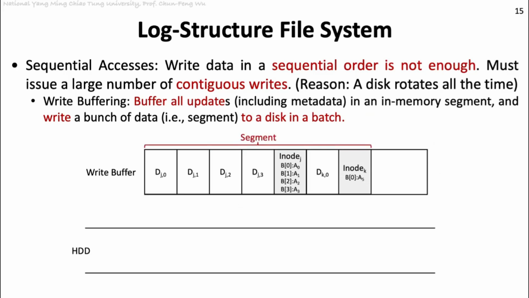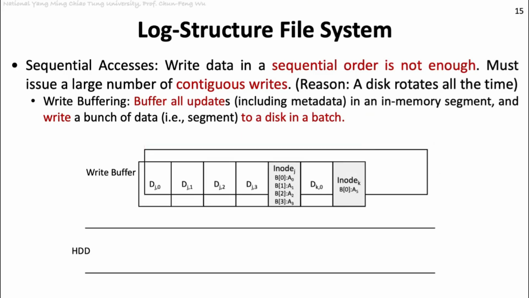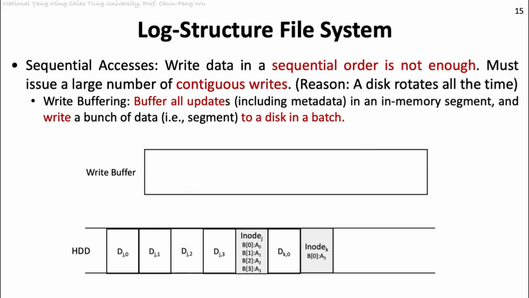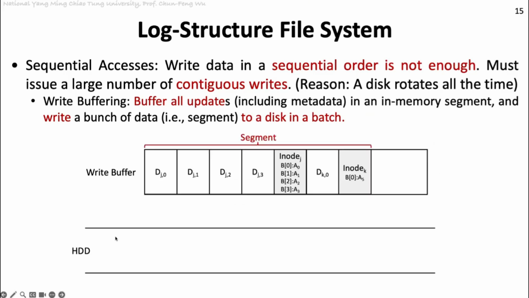If we write the data at the same time to the hard disk drive, we can make sure they are all in sequential order, right? But consider another case, where we first write DJ0 and then write DJ1, DJ2, and DJ3 one by one. Because it is one by one, we cannot make sure.